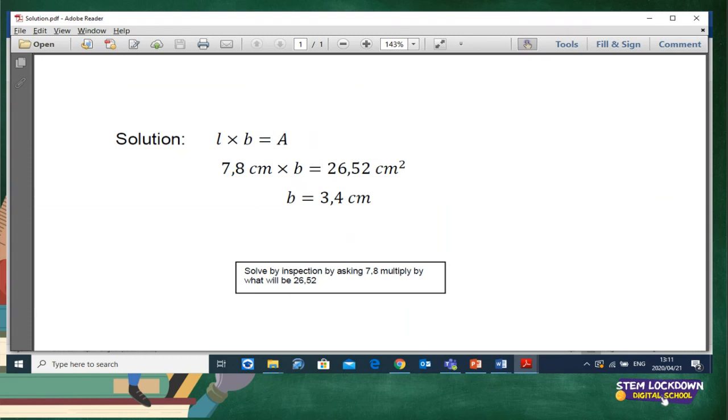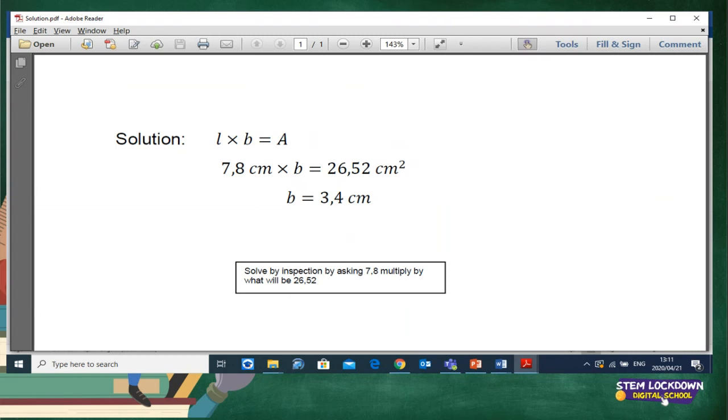And this, of course, shows that since L is 7,8 centimeters, then you can substitute there the value of L, which is 7,8 centimeters. And of course, you multiply this by B. And this is equated to 26,52 square centimeters. And what do you do at this point?